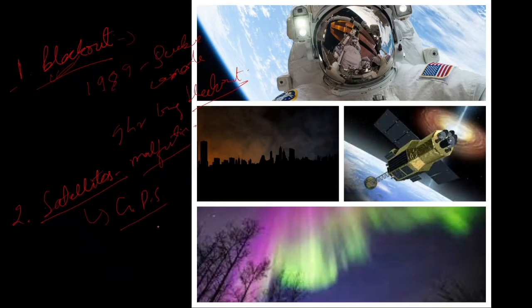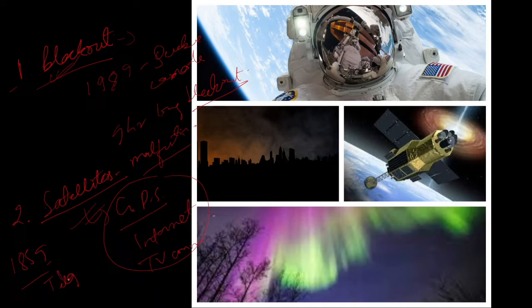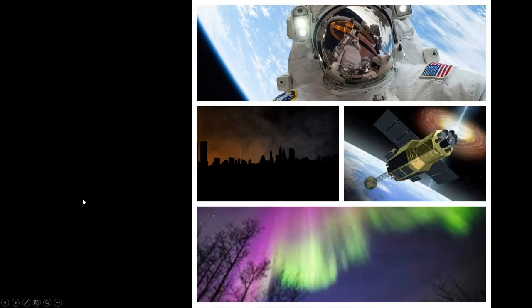Our GPS technology, our internet, or even TV communications, all these things can get impacted due to solar winds. A similar event happened in 1859 in London when telegraph lines developed faults due to a very strong solar flare that hit us. So communication lines may get disrupted due to solar storms.